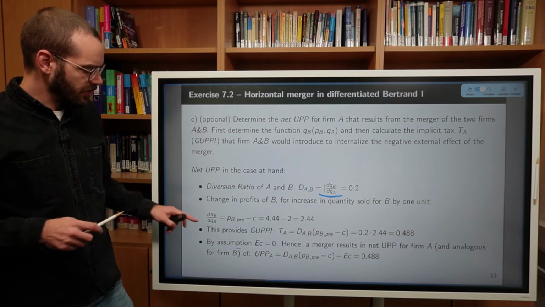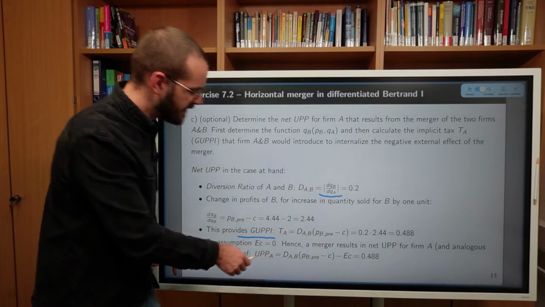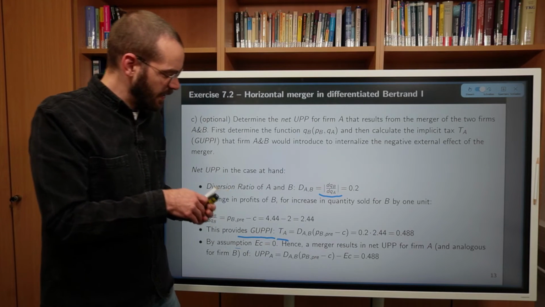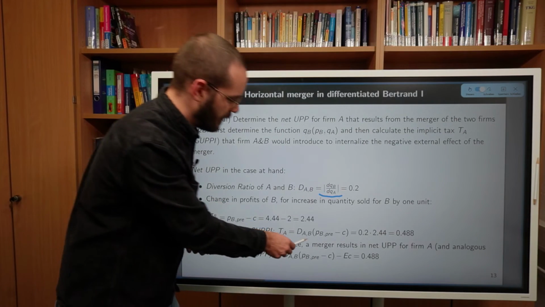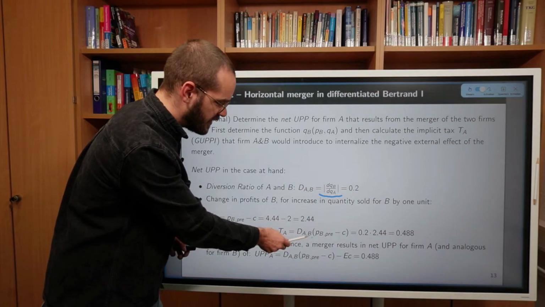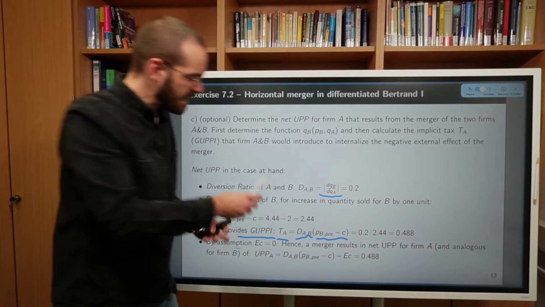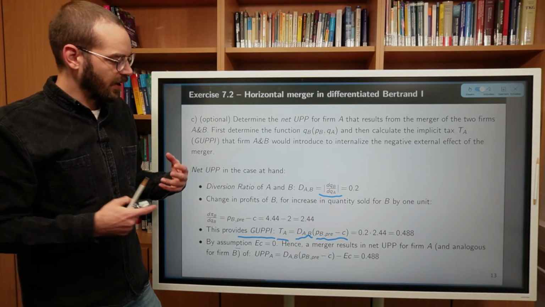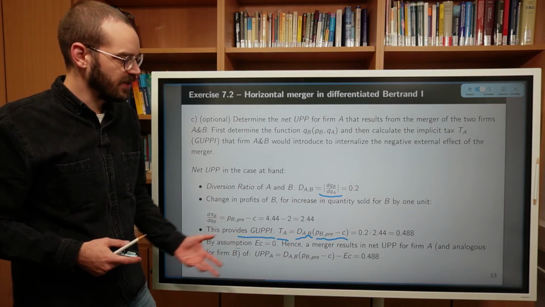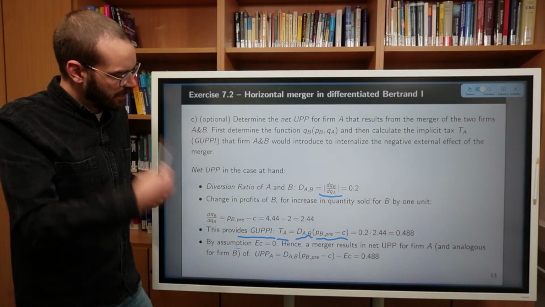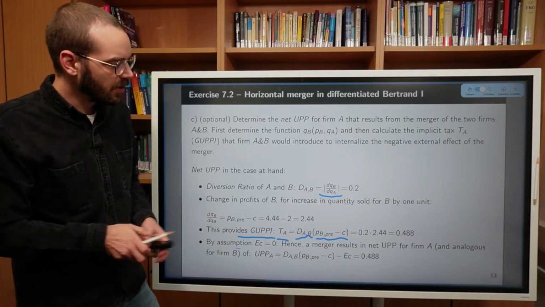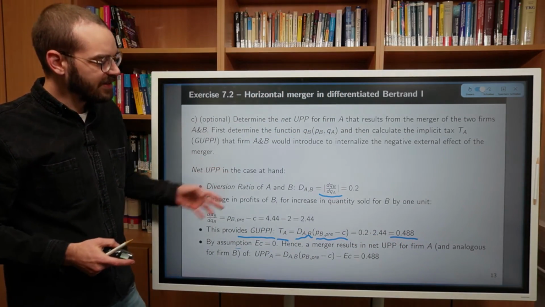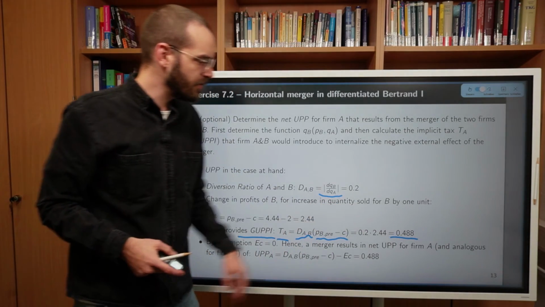Using this diversion ratio, we can then state the gross upward pricing pressure, so this implicit tax TA, because we know that this implicit tax results from the product of the diversion ratio D_AB and the price-cost margin pre-merger, so the price of good B pre-merger minus the marginal costs of producing this product. And by simply plugging in the values we have already found in this model, we find that this gross upward pricing pressure index in this case takes a value of 0.488.